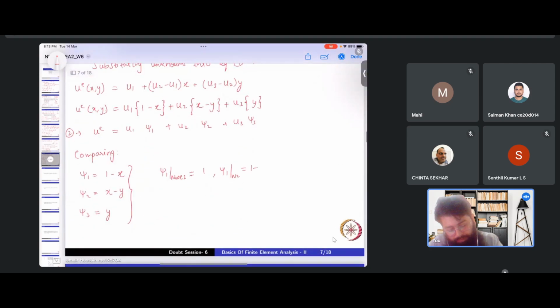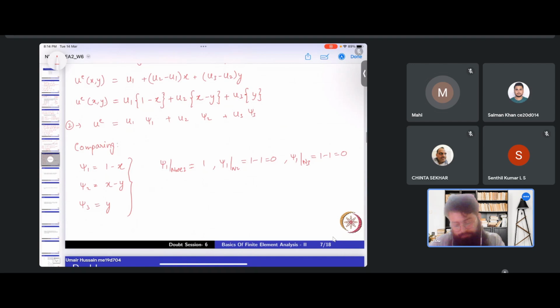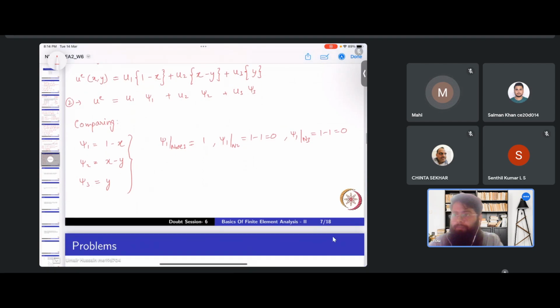We get 1 minus 1 equals 0, and this is correct. Psi 1 at node 3, again 1 minus 1. Yes? Any doubt? You're muted. If you want to ask any doubt, you can unmute yourself.